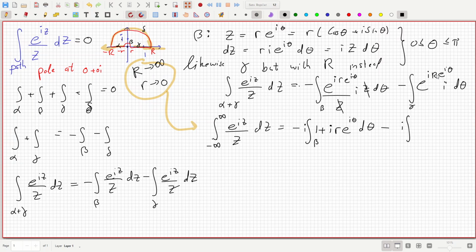Now, this one here, I think it's worth expanding. So that's e^(iθ), or cos θ + i sin θ. If you multiply that out, the i multiplies the cos, that's fine. But when it multiplies the i here, it makes minus 1.